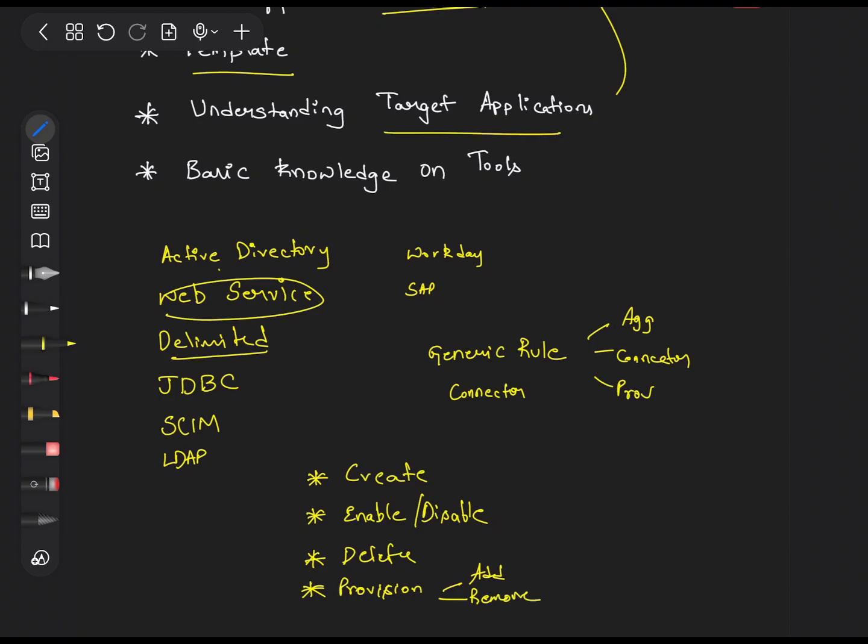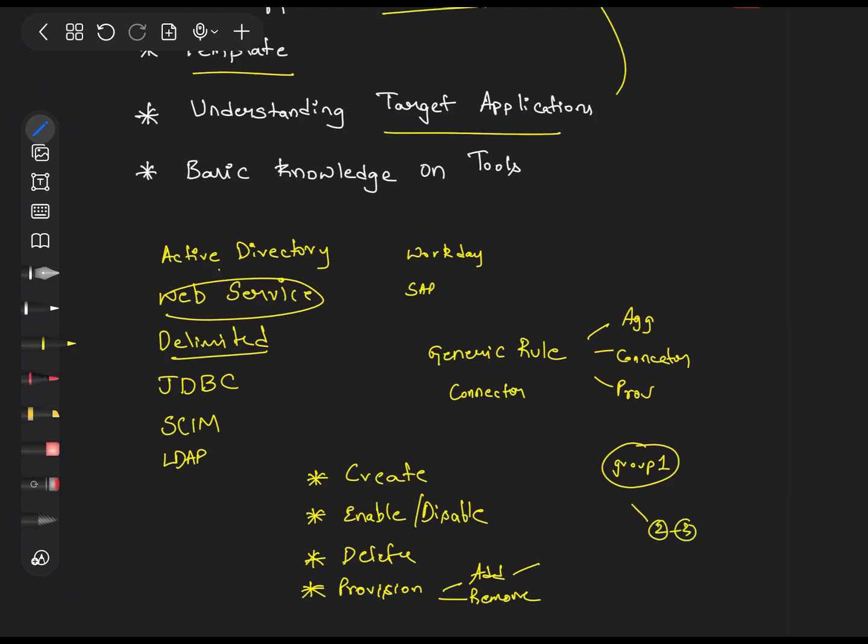Understanding the application: a web service application requires REST API knowledge, and also if you want to update any user's access, some applications support just sending an add operation with the required entitlement. Some require existing entitlements as well. That is, if you are requesting group 1, you have to send the existing groups for that user as well.